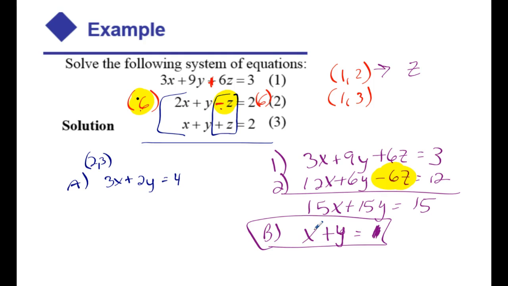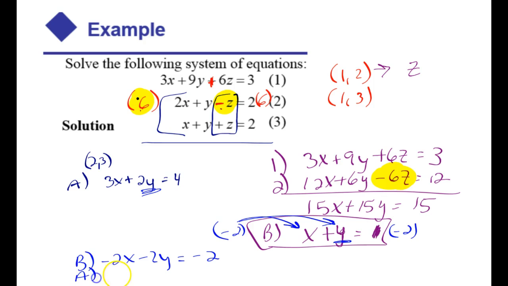So now you have a choice again. You can either eliminate x or eliminate y's, and I'm going to go for the y's because the 2 is smaller than the 3. But in order to do that, I have to take equation B and multiply through by negative 2. So my new equation B is negative 2x minus 2y, if I properly distribute, equals negative 2.